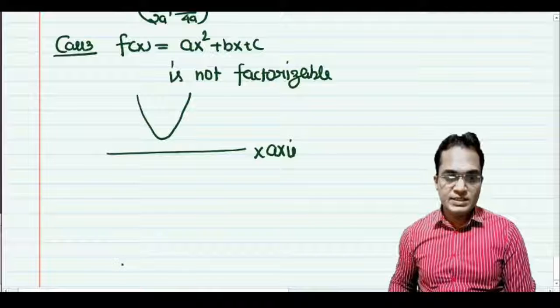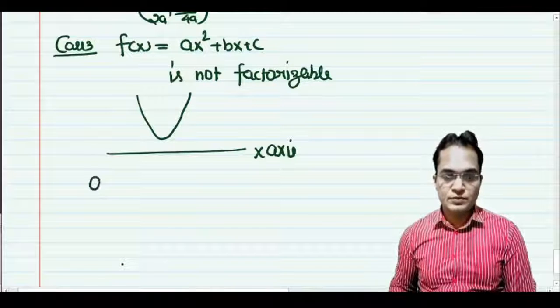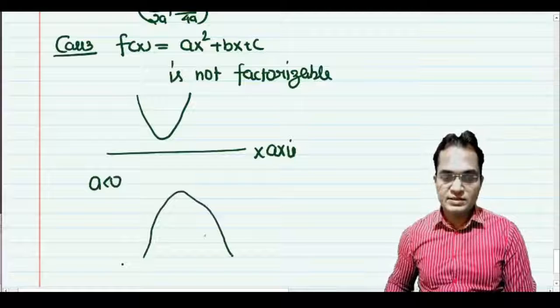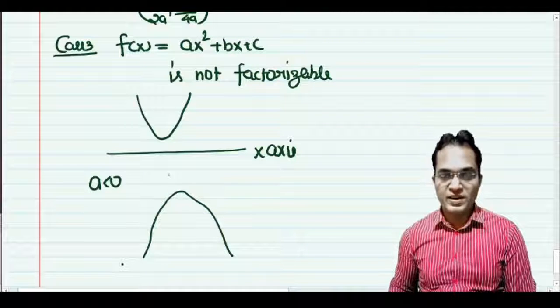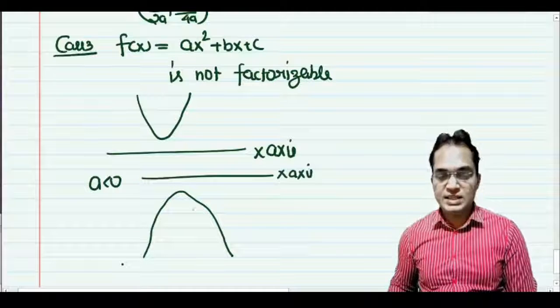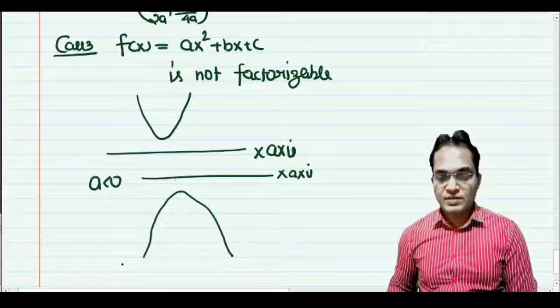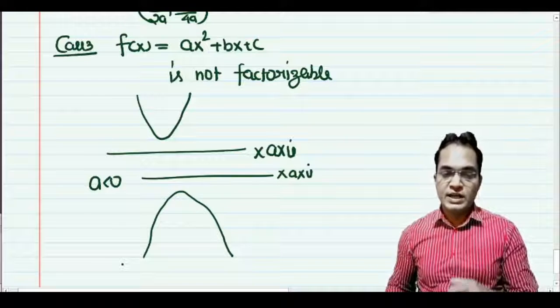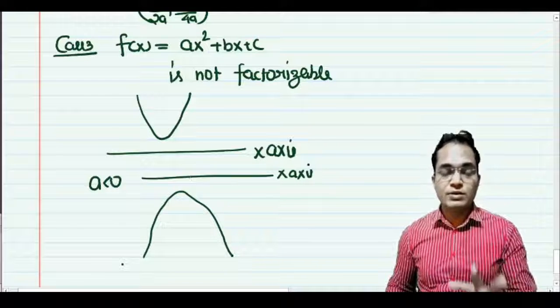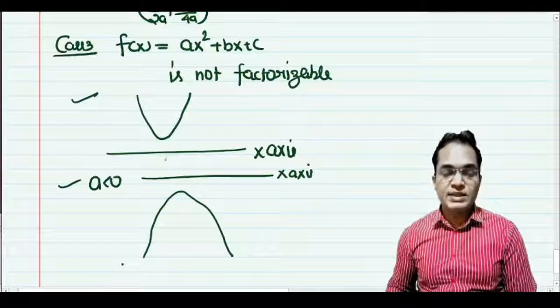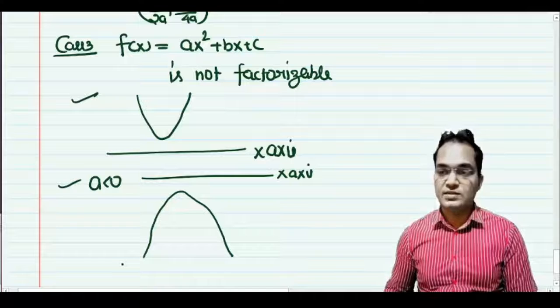If a is less than 0, then the nature of the graph is like this. Draw a proper parabola, okay, and this is the x-axis. It means in this case the x-axis passes above the parabola. You can say the parabola is downside and the axis passes from upside. Actually what happens in both these cases is that the parabola and x-axis never intersect each other.